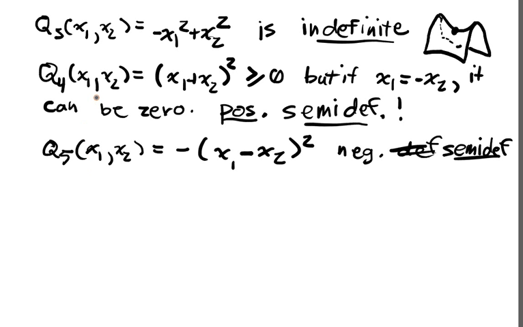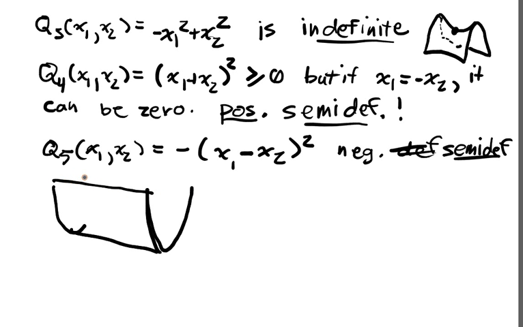So what do these things look like? They look like parabolas that extend forever in a particular direction. A positive semi-definite form basically looks like a trough, and here's the line x1 equals negative x2.